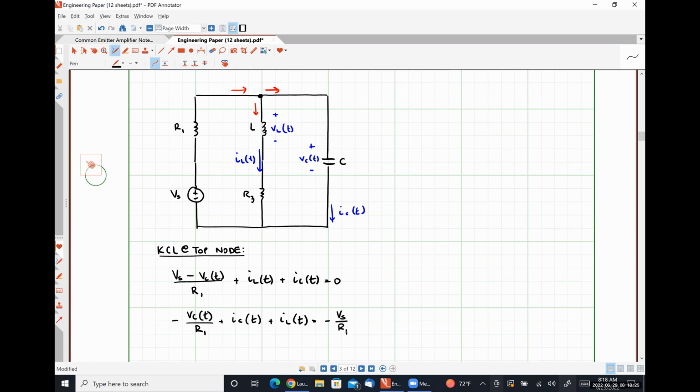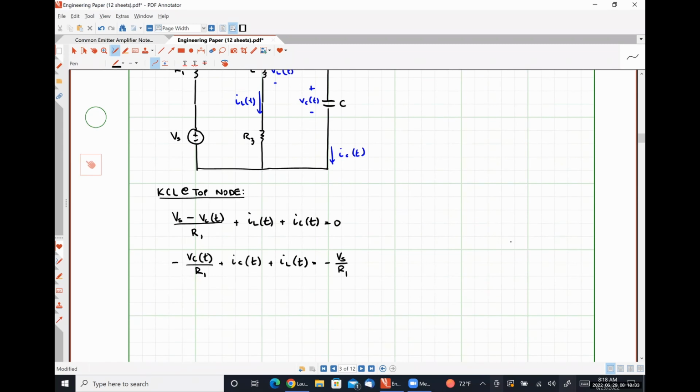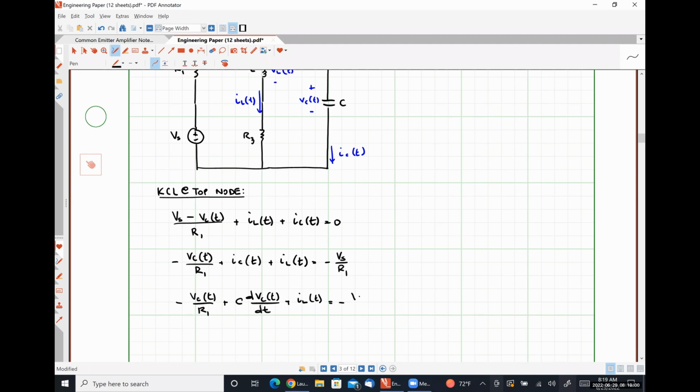Now what I'm going to do is I'm going to express my capacitor current in terms of my capacitor voltage. And so what that's going to do is give me negative Vc of t over R1 plus C dVc by dt plus IL is equal to negative Vs over R1.